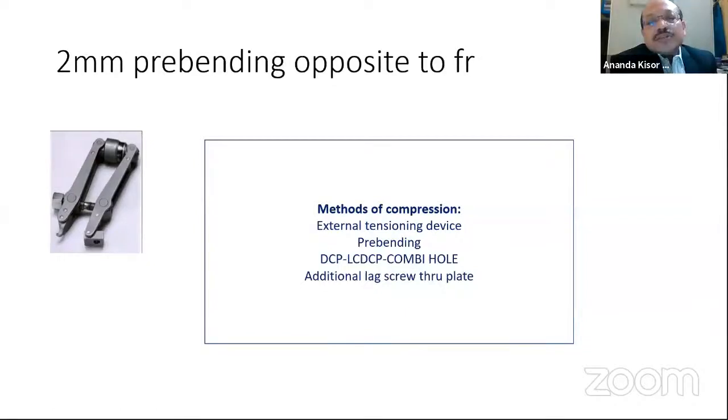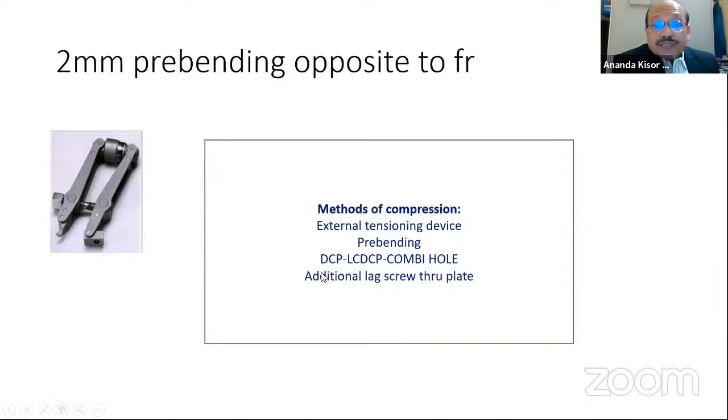The first compression occurs on the near cortex, whereas the far cortex becomes widened. So a gap persists on the far cortex. But if we make a 2 millimeter pre-bending opposite to the fracture and use strategic screw placement, with a neutral screw on one side and an eccentric screw on the other side, that causes compression first on the far cortex, then the near cortex.